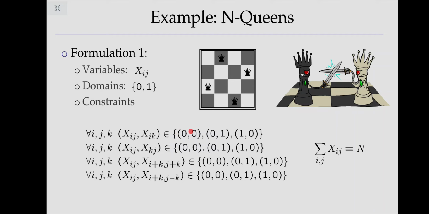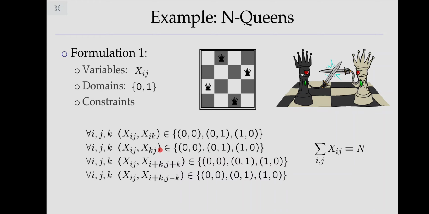Both of them 0 means there is no queen in xij and no queen in xik. But if we assign 1 to one of them, the other should be 0. 1 the second, the first 0. 1 the first, the second 0. This is for row i.